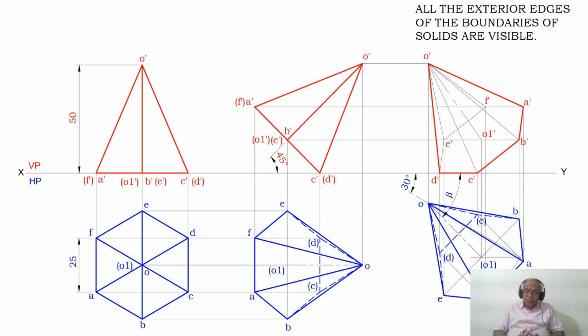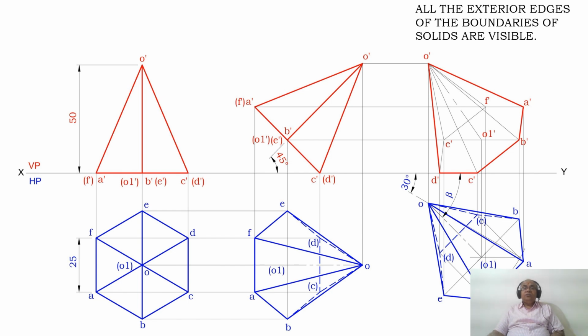Only when you join the points with thin lines will you be able to make out which is the boundary line and which is not the boundary line. So what are the exterior adjusted boundaries of the solid? The extreme points passing on each of these sides are the exterior adjusted points, or exterior adjusted boundaries, of the solid.